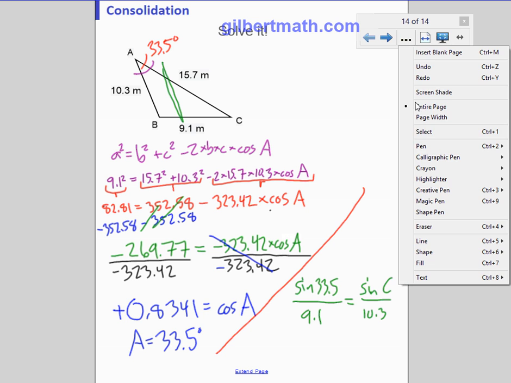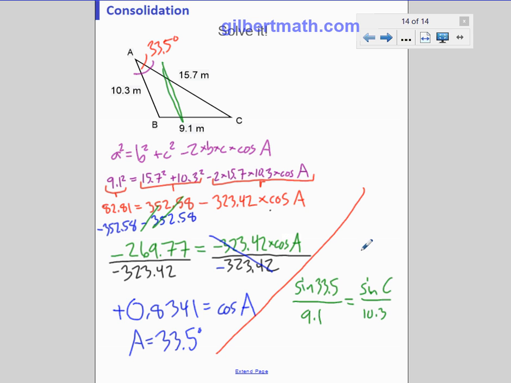As you've done several times by now, hopefully, you have to bring this up and over and multiply, because we can just multiply both sides. So we get that sine C is equal to 10.3 multiplied by sine 33.5, and then I divide that by 9.1. I get that sine C equals 0.6247.